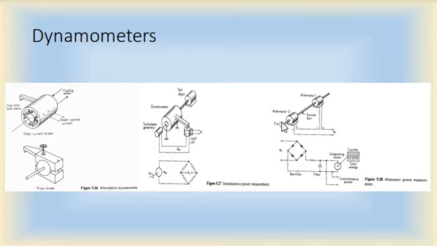Now, when this torsion bar is unloaded, that is, no load is connected to it, the two alternators' rotor and stator positions are adjusted mechanically so that the AC output voltages of the two alternators are exactly out of phase.